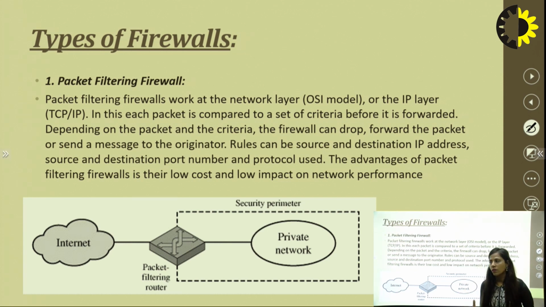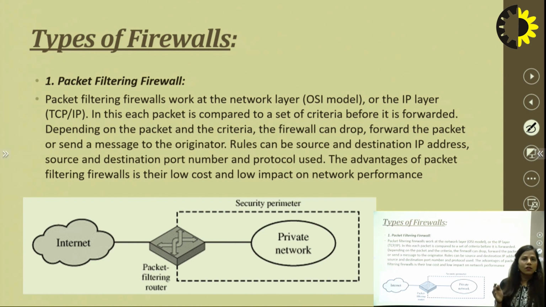So if we are transferring data from one place to another in the format of packets, we use a packet filtering firewall in the OSI model. Packet filtering firewalls work at the network layer.